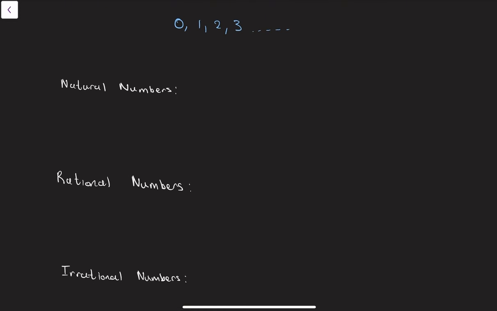Natural numbers are just all the positive integers excluding 0. So we can go ahead and say the positive numbers 1, 2, 3, 4, 5, and so on.